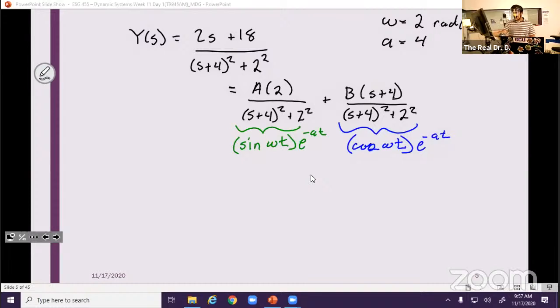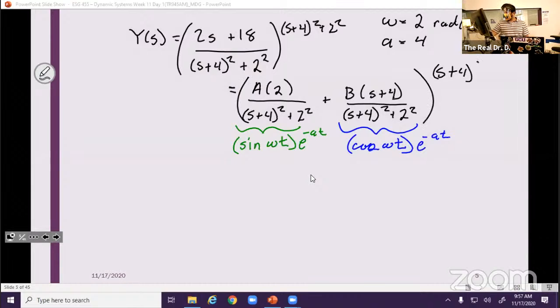So when we go for this, we're going to multiply through by this denominator, (s plus 4) squared plus 2 squared. We multiply through on both sides. So I'll take this term and multiply by (s plus 4) squared plus 2 squared, and I'll take this term and multiply by this.